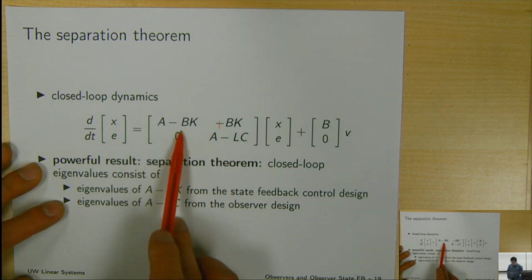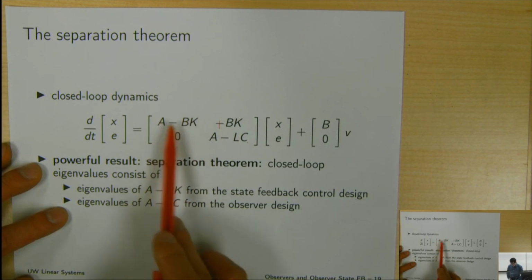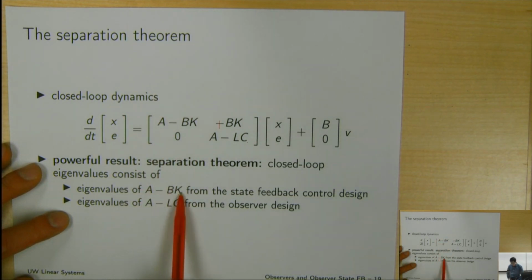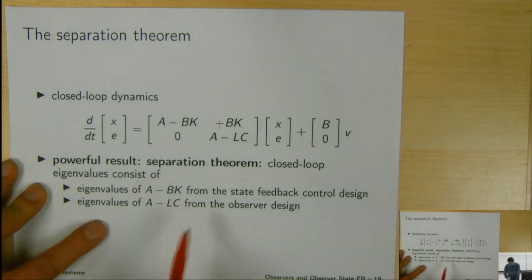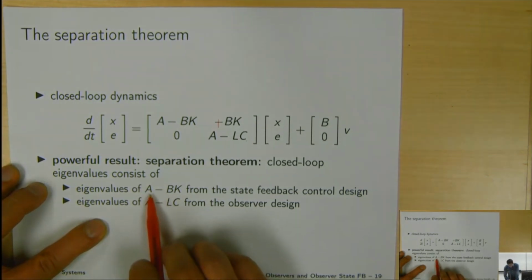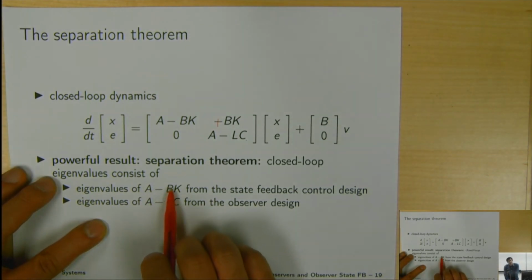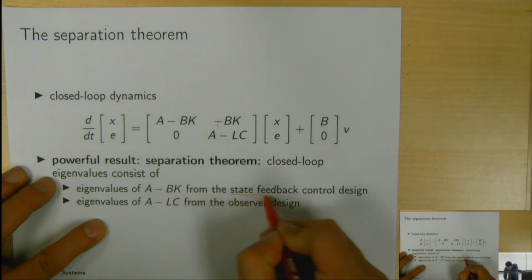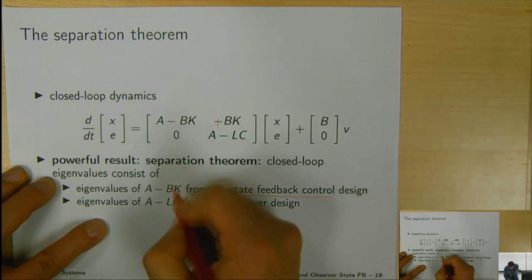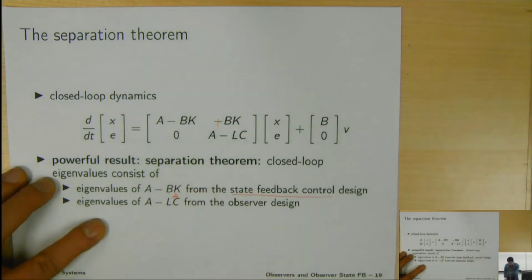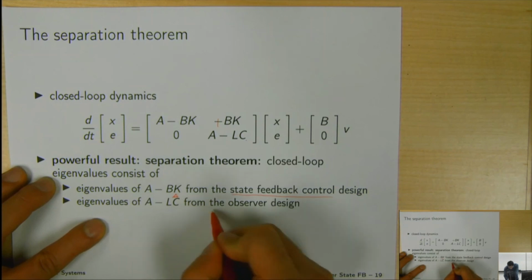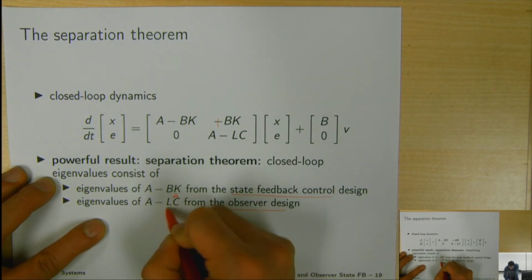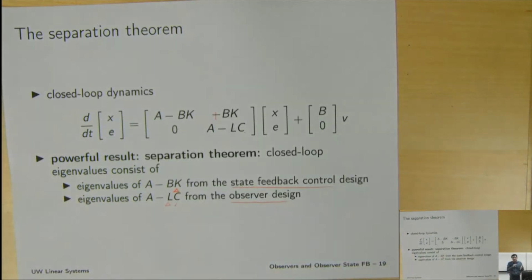The first set of eigenvalues come from the eigenvalues of A minus BK, and the second set comes from the eigenvalues of A minus LC. The eigenvalues of A minus BK, if you remember, come out of the state feedback control design, so this is designing the state feedback law K. And the eigenvalue of A minus LC is from the observer eigenvalue design, so it's about designing L.